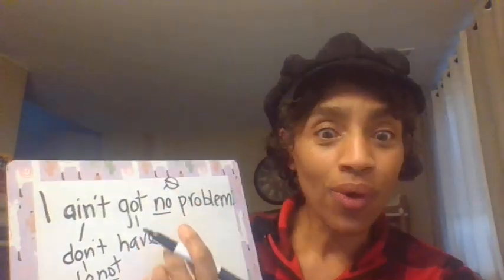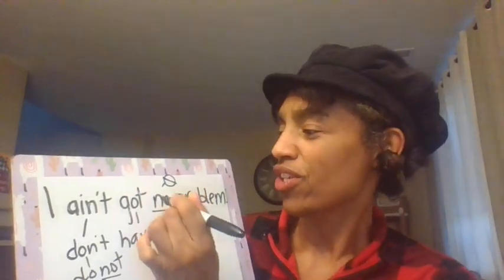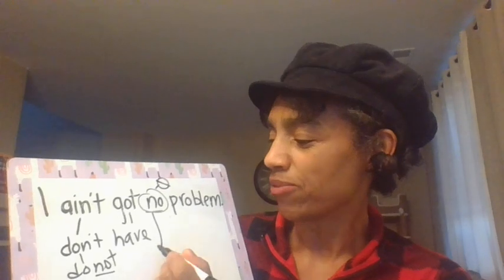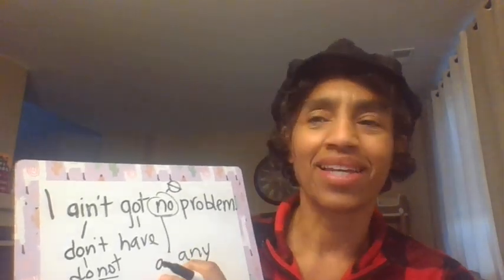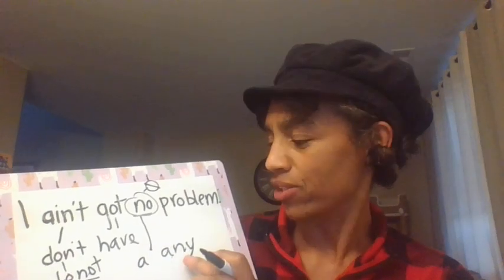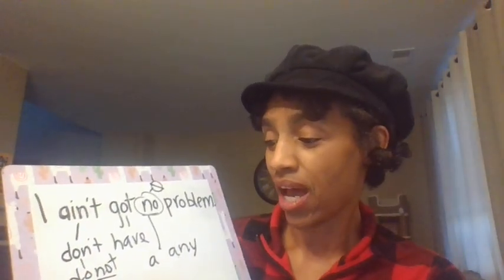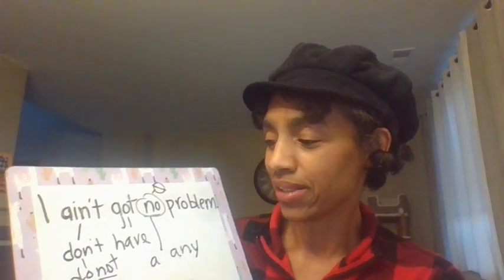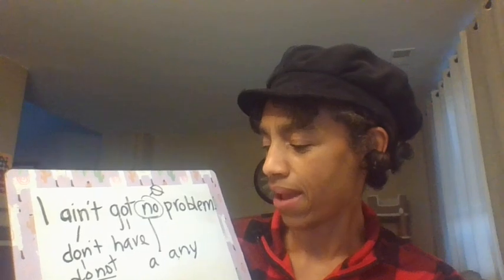So this no actually morphs into a different part of speech. That no becomes like an a or an any, and the a is like an indefinite article. Any is what's called a determiner. So the sentence becomes, I don't have a problem.